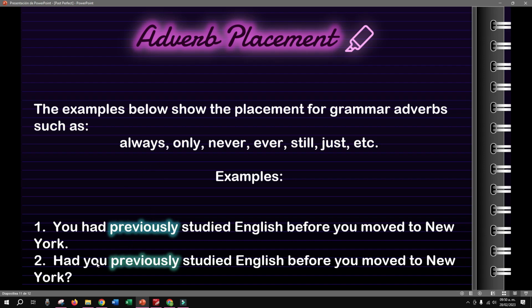And after the subject in a question, look at it, we have the adverb previously, then the main verb in past participle, and the complement, and don't forget there will be a question mark at the end, right? So that will be the placement, or the correct way to use adverbs when you are talking about past perfect, okay?